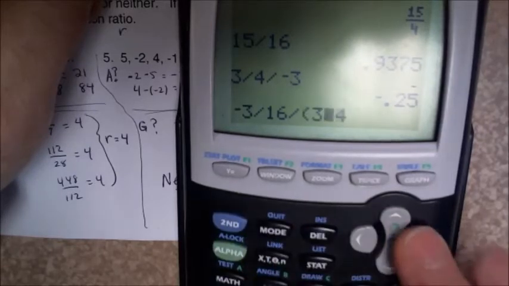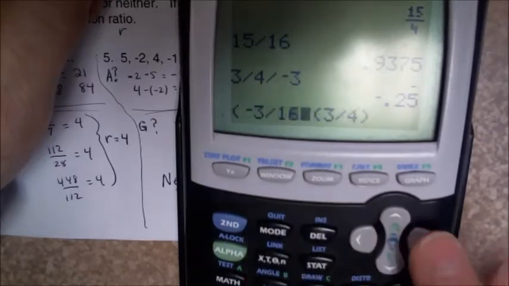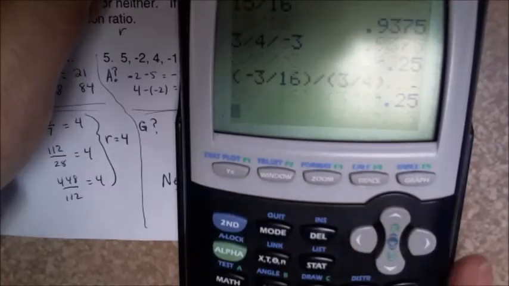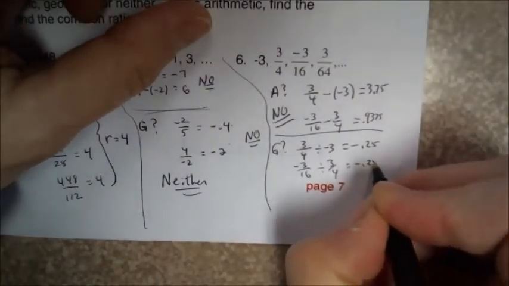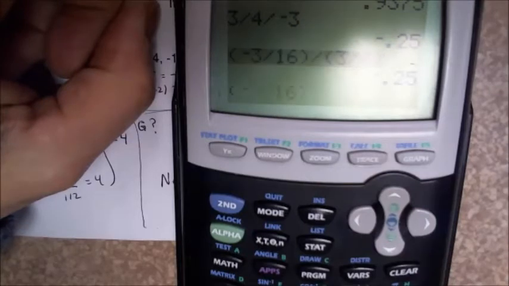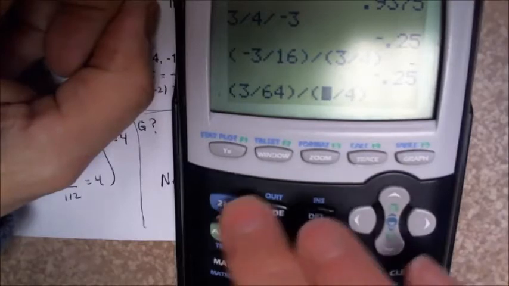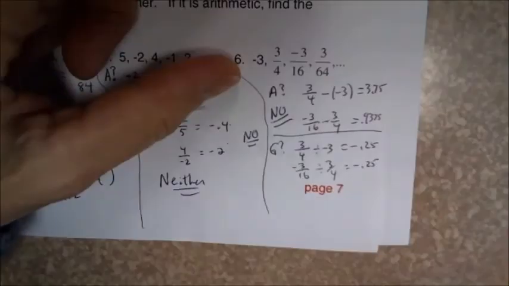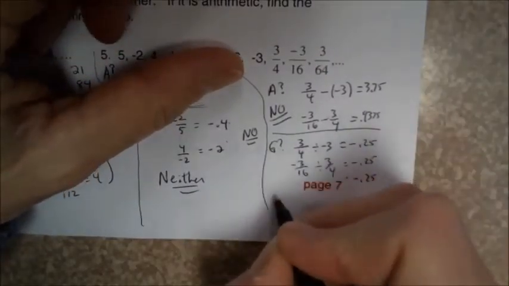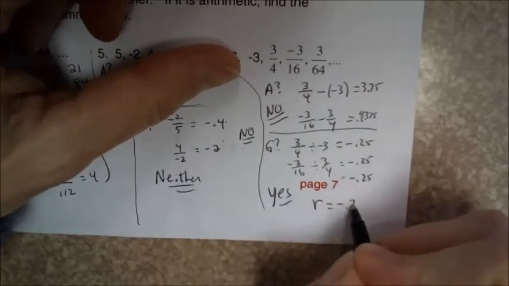Better put some parentheses in here. That's negative 0.25. Looks like it's going to be it. Negative 0.25. And the last one is 3/64 divided by negative 3/16. Yep. So the answer is yes, it is geometric, and the R value is negative 0.25.